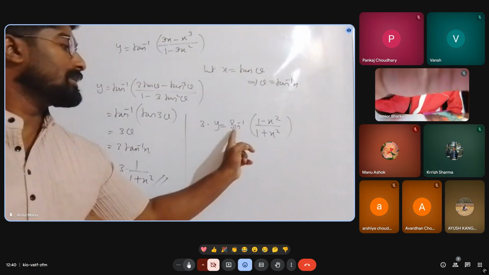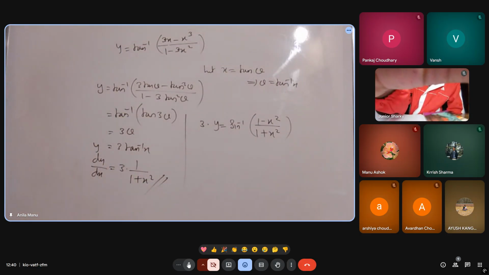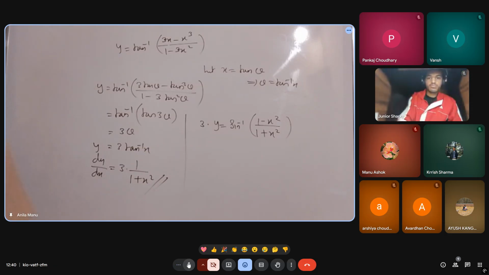Y is equal to 1 minus sine inverse of 1 minus x square by 1 plus x square. Did you complete, all of you?